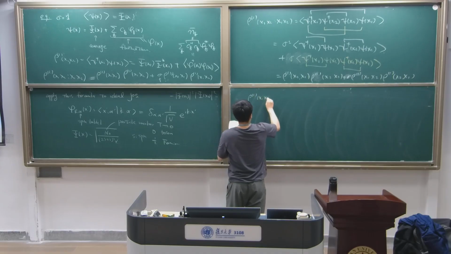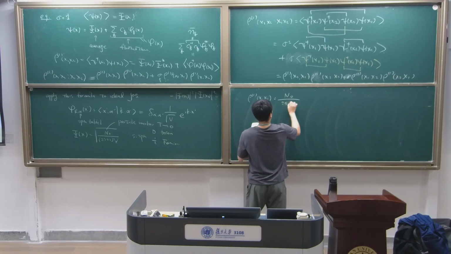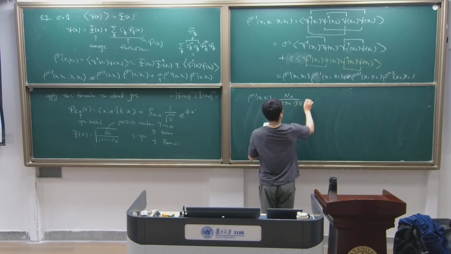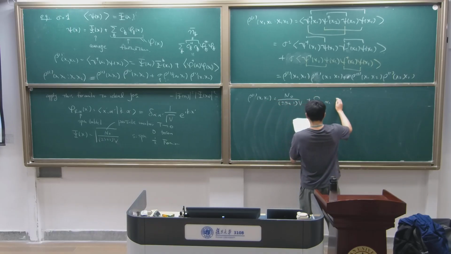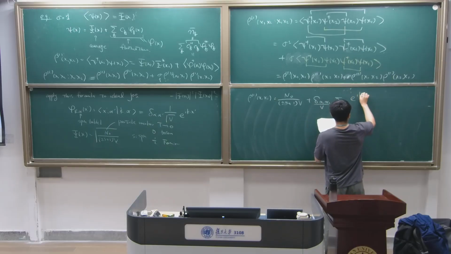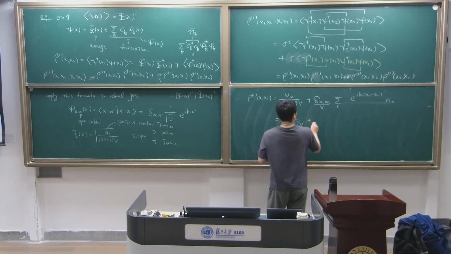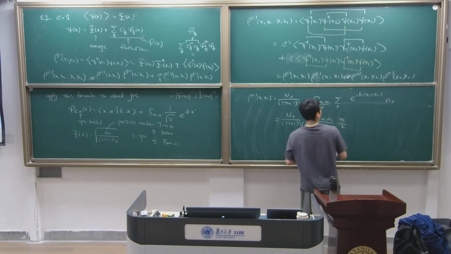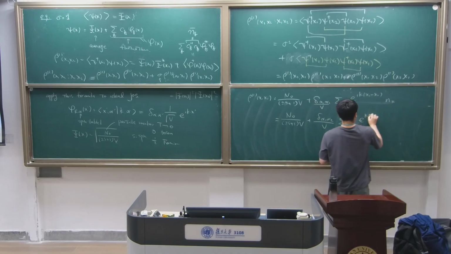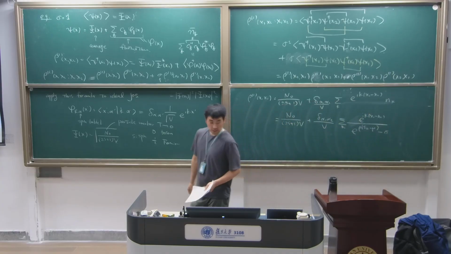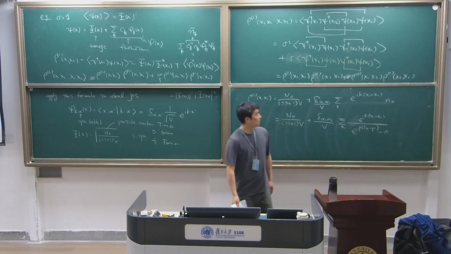So rho 1 of x1 and x2 is given by n0 over 2s plus 1 times delta alpha alpha prime, divided by V, sum over k and then times n_k. And for the ideal gas, we already knew that this number density operator is something like e^{ik(x1 plus x2)} divided by e^{beta(epsilon_k plus mu)} minus 1 with the momentum k.